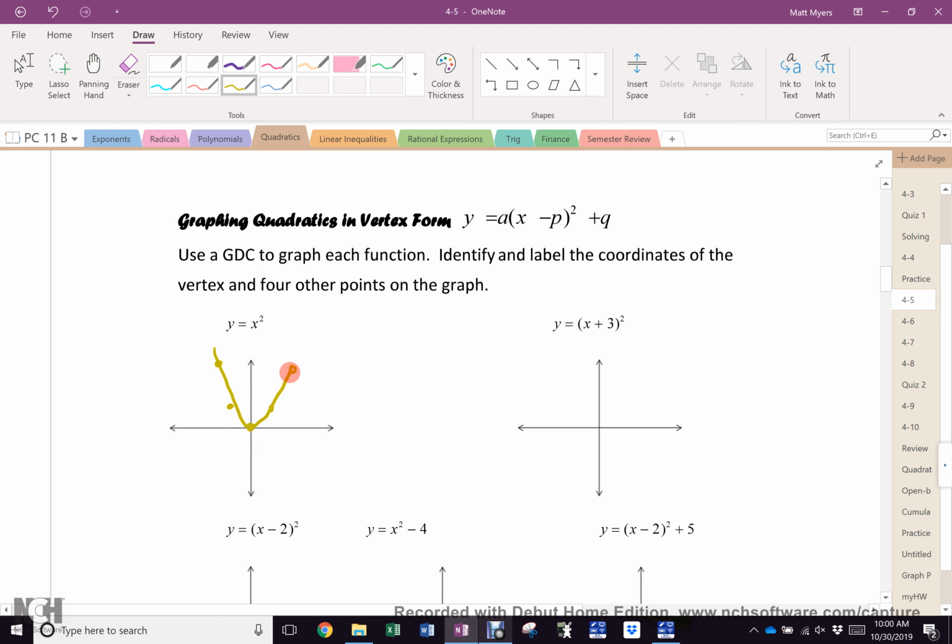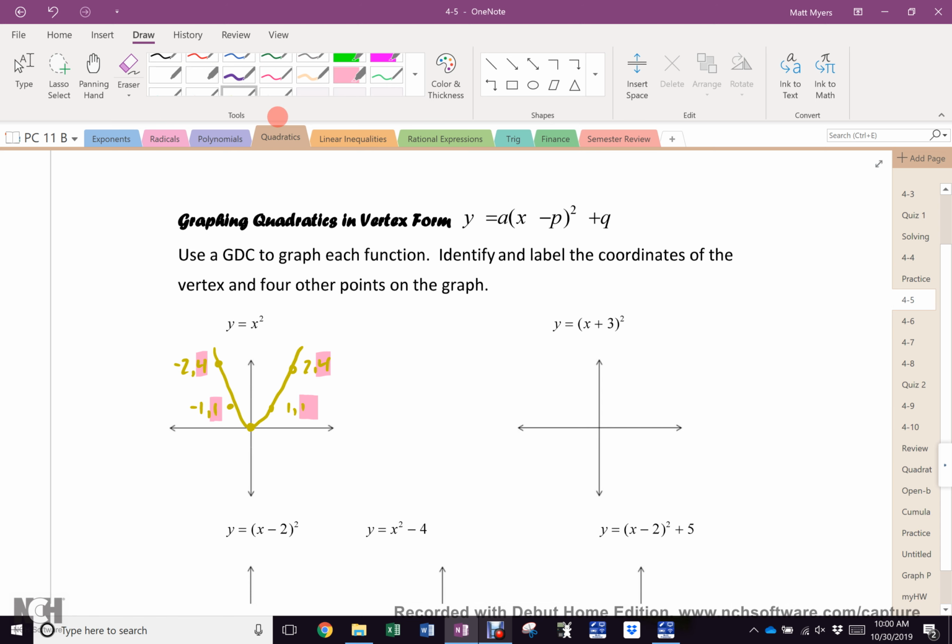And there's my graph. 1, 1, 2, 4. Negative 1, 1, negative 2, 4. What do you notice about the y values? They're the same. And the x values are mirror images of each other because this is our axis of symmetry.